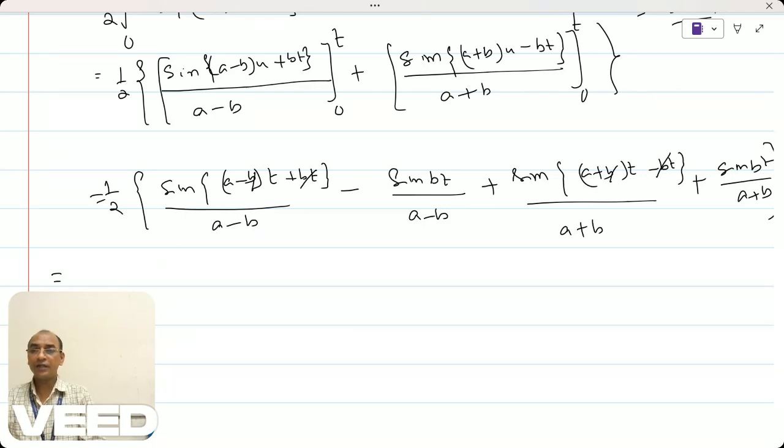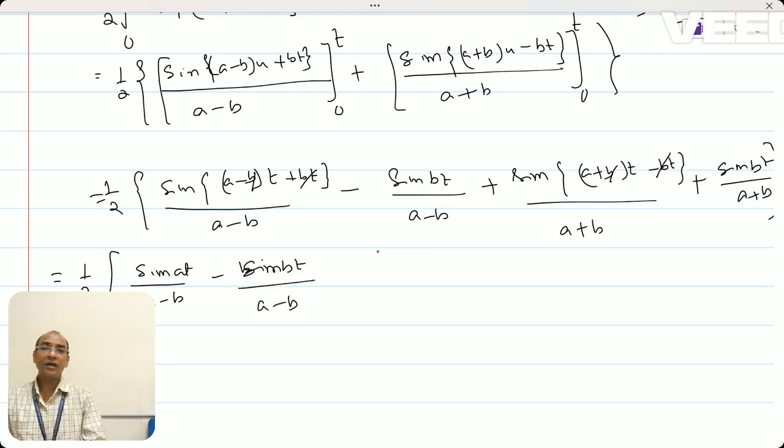So the remaining thing is 1 by 2 whole into sin at divided by a minus b, minus sin bt divided by a minus b, plus sin at divided by a plus b, and then plus sin bt divided by a plus b.